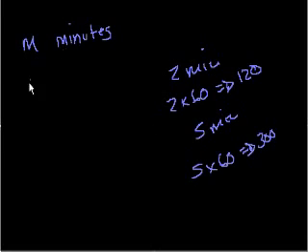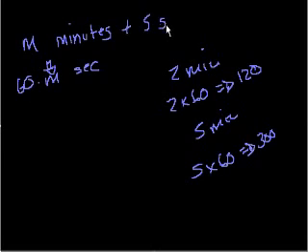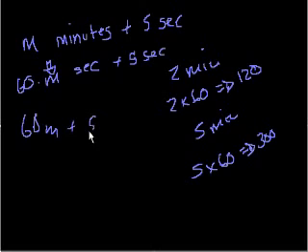So if I have m minutes, I'll multiply 60 times m to get 60m seconds. And of course, they said m minutes plus s seconds. So now I have 60m seconds plus these s seconds, so my total number of seconds is 60m plus s.